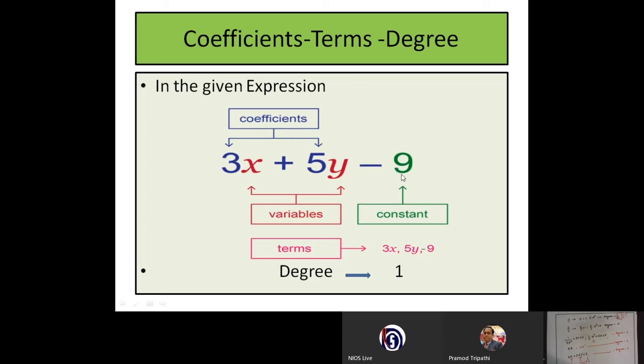How many terms are there? 3x, 5y and minus 9. So there are 3 terms, so it is a trinomial, but the degree is 1. Hence it is a linear polynomial in 2 variables. Why is it linear? Because the degree of the polynomial is 1. Right?